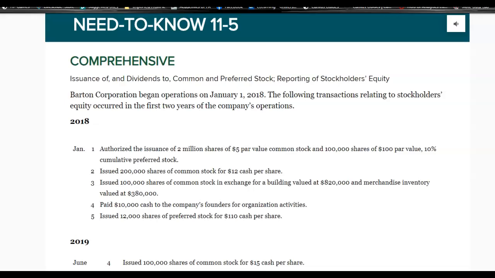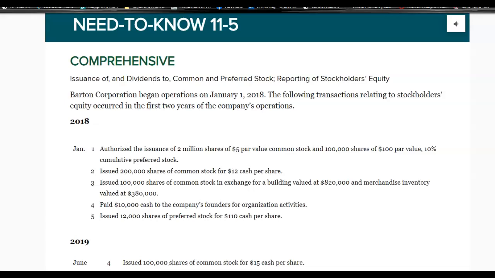So they've got 200,000 shares issued at $12 per share. They've got 1.8 million shares authorized but not issued. And that's $5 par value. We now have a value on the shares of the common stock that have been sold. So those 200,000 shares of common stock that were sold, they were sold at $12 per share.